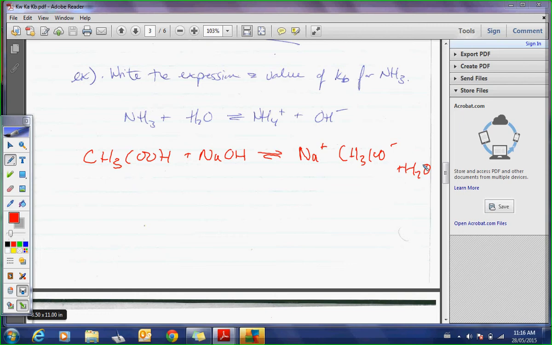Here's the equilibrium part from unit 4. In this reaction, write the Ka expression and value for the acetic acid. And you right away write the expression, right?